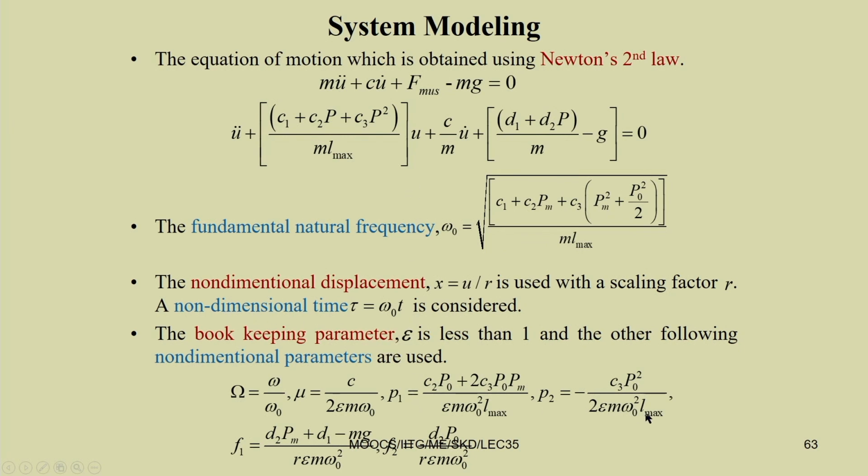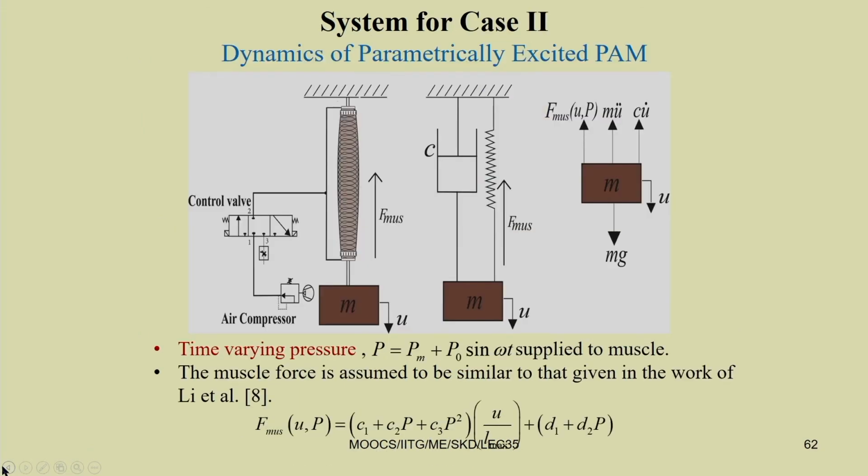Similar way we can analyze the system, and here that P part we take equal to P0 plus P1 cos omega t. P can be taken as Pm plus P0 sin omega t. Here P is taken to be Pm; in the previous case we had taken P equal to P only, but now we are adding a term, that is P0 sin omega t, in this pressure.